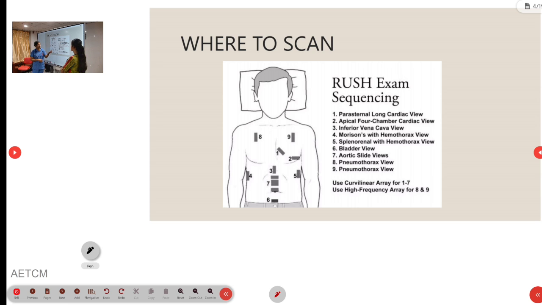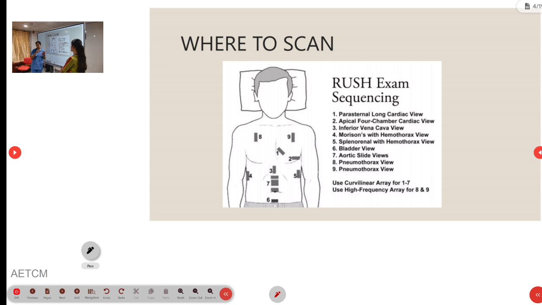And third is the inferior vena cava view. For that we will keep the pointer towards the head end. And fourth is the Morrison pouch, for which we can use the curvilinear probe, to see the hepatorenal pouch. Fifth is the splenorenal pouch, and sixth is the bladder view.